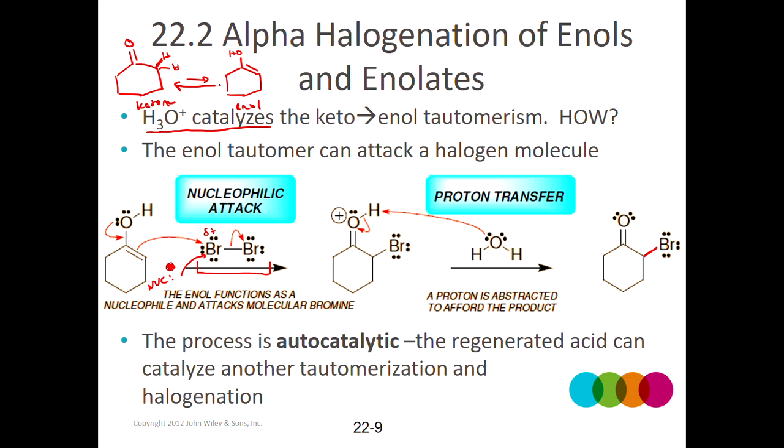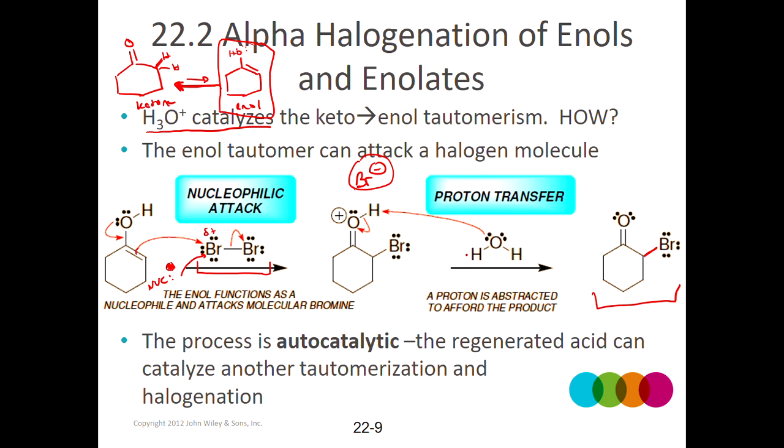So even though this equilibrium pretty dramatically favors the reactant side, a small amount of the enol exists in equilibrium, which it will, and there's no way to stop it. That is nucleophilic enough that these electrons can swing in, and the pi electrons here can attack this and push out a Br minus, which is a really very stable product. And then usually you'd have a solvent like water to pick up that proton and give you this as your main product of interest.